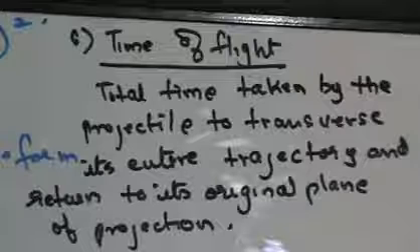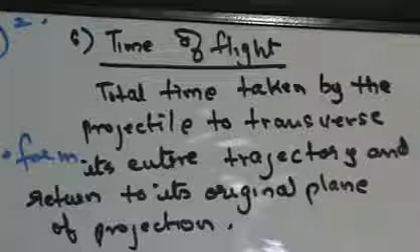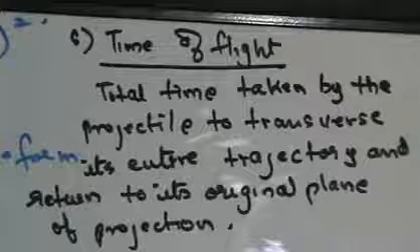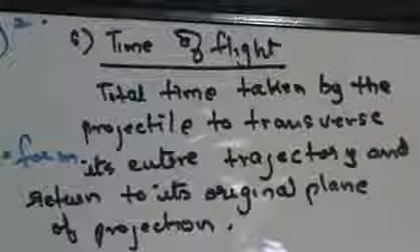Right? Now, for time of flight, I know that the body has to return back to the original plane of projection. That means time of flight is possible when the body touches back the ground. If I am releasing it from the ground, that means x will be equal to R, and let us assume for time of flight t is equal to T. Now we had already said that x is equal to v cos theta into t.